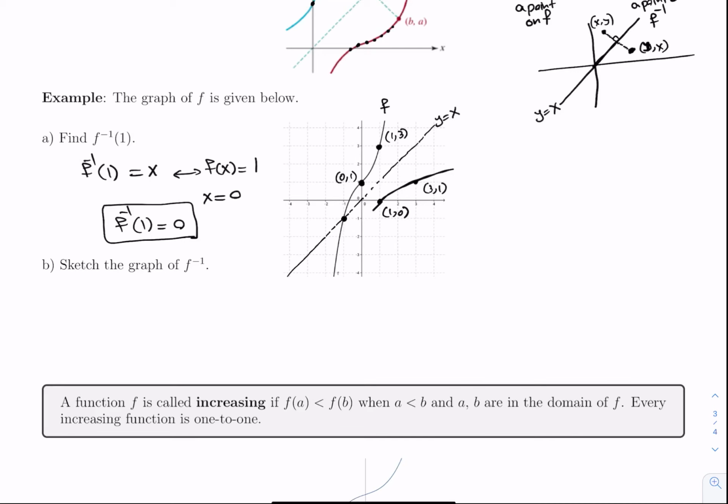And reflect this part of the graph with respect to the line y equals x. This graph is the graph of f inverse. We got that by reflecting the graph of f in the line y equals x.